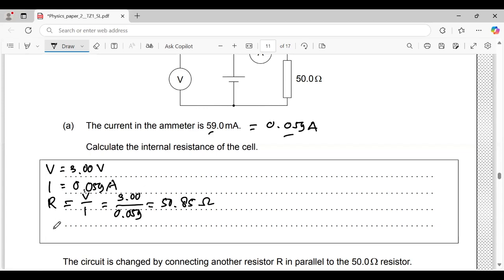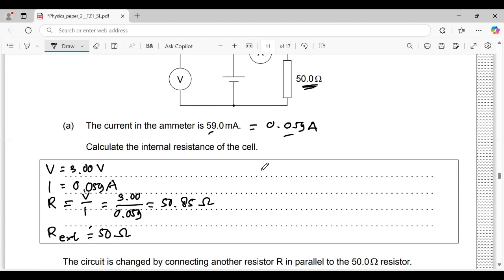And if there is another resistance, I would like to write R like this, the external resistance, and according to the information the external resistance is 50 ohms.